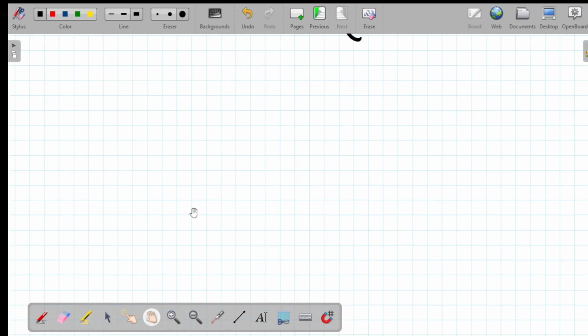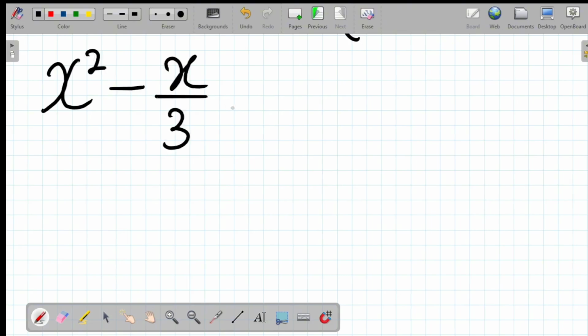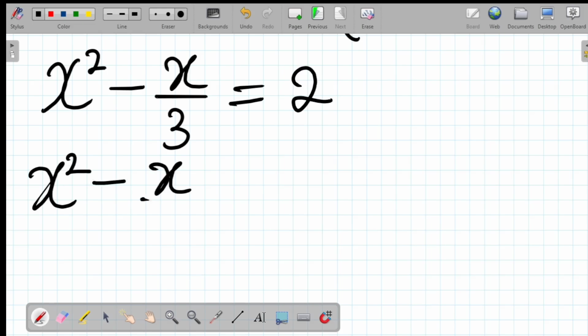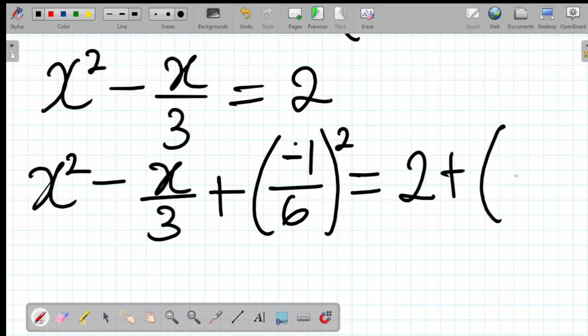So our next task is to add the answer to the left hand side and the right hand side of the equation. So this is the equation: x squared minus x all over 3 is equal to 2. If you add the answer, it will give you x squared minus x all over 3 plus negative 1 all over 6 all squared equal to 2 plus negative 1 all over 6 all squared.